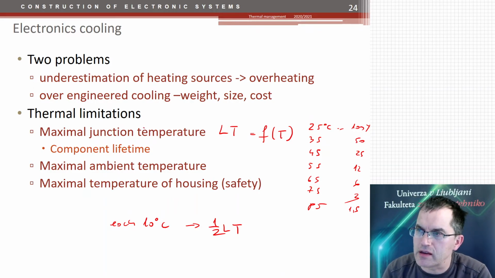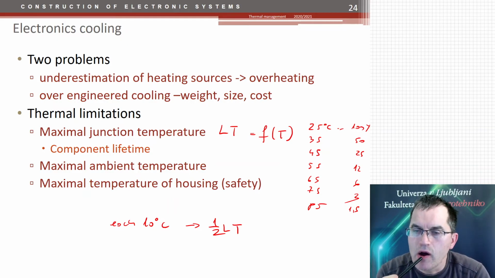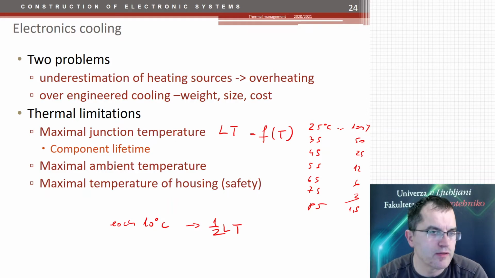And the third thing is the maximum temperature of the housing, because here, of course, it's also a safety matter. If you can access the hot parts of your device, you should not get burns.